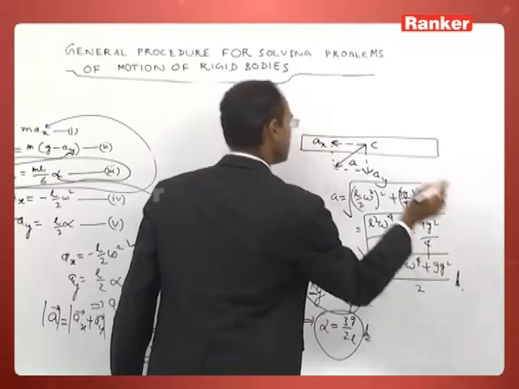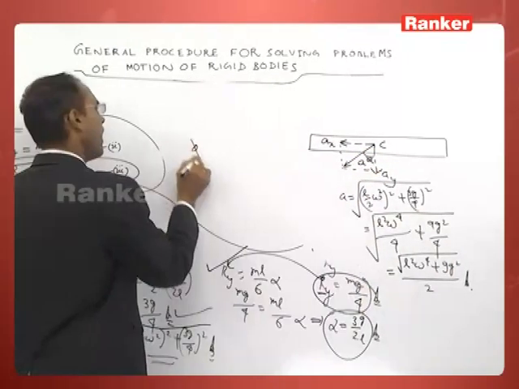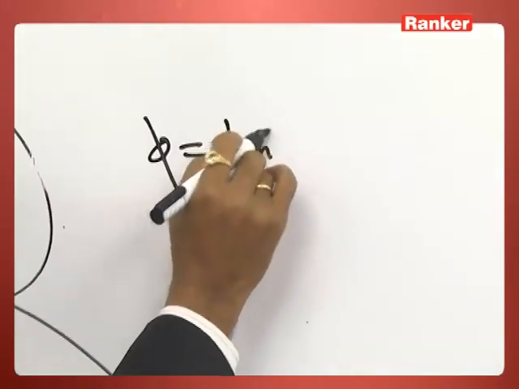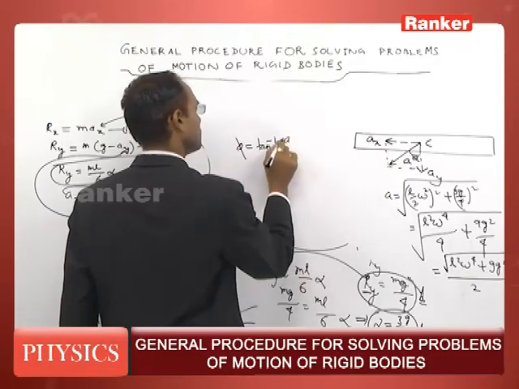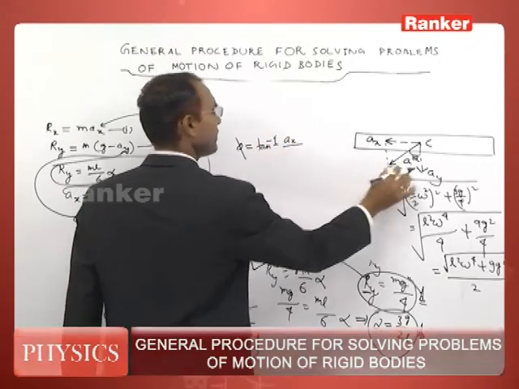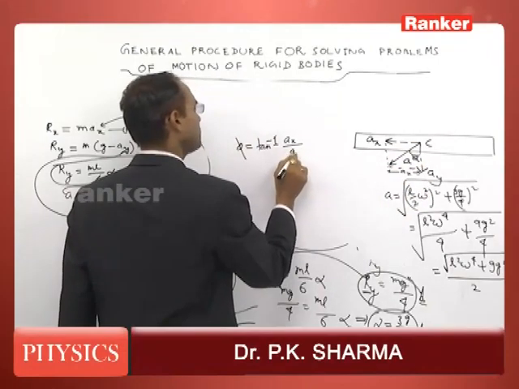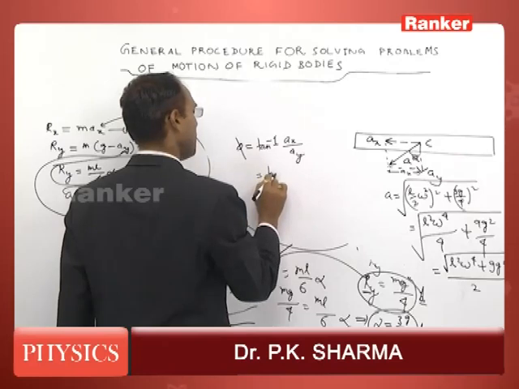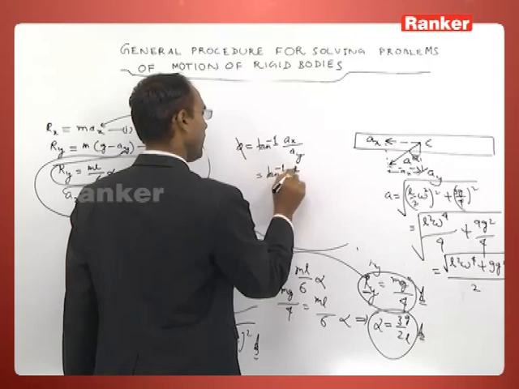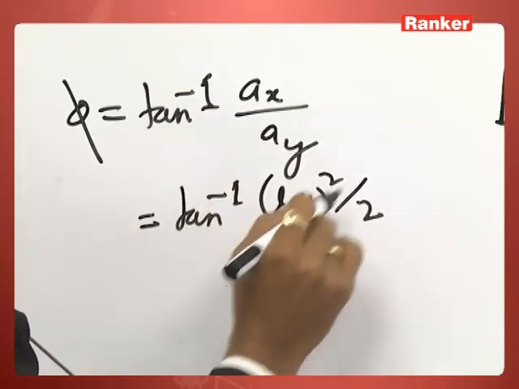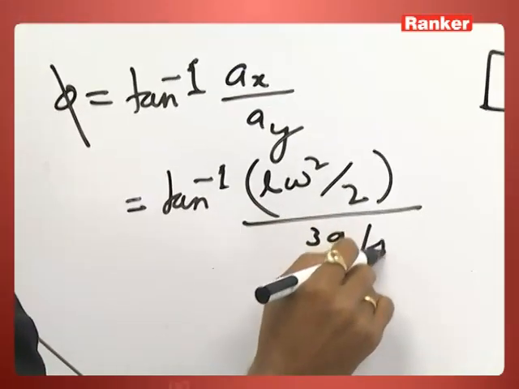And the direction, you can get, suppose this is phi. Phi is equal to tan inverse of ax by ay. So tan inverse, what is ax? L omega square by 2. What is ay? 3g by 4.